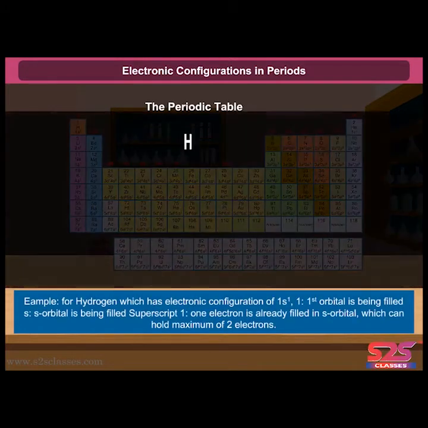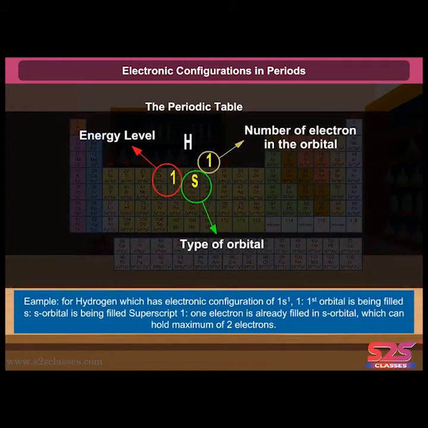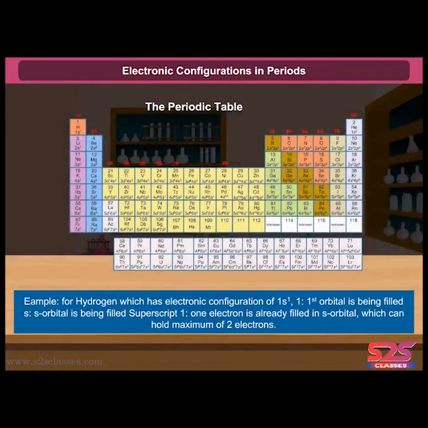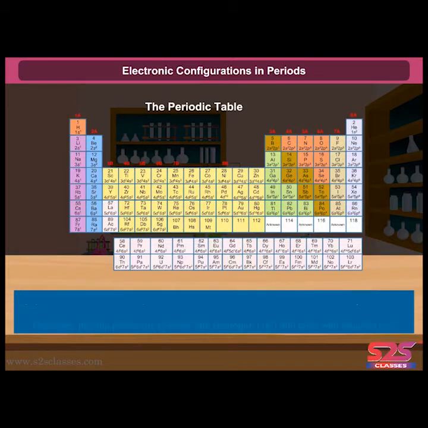For example, for hydrogen, which has electronic configuration of 1s¹, 1 means that the first shell is being filled, s tells us that the s orbital is being filled, and superscript 1 means that one electron is filled in the s orbital, which can hold a maximum of 2 electrons.